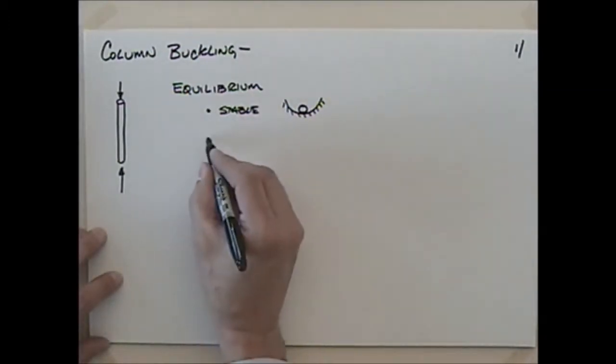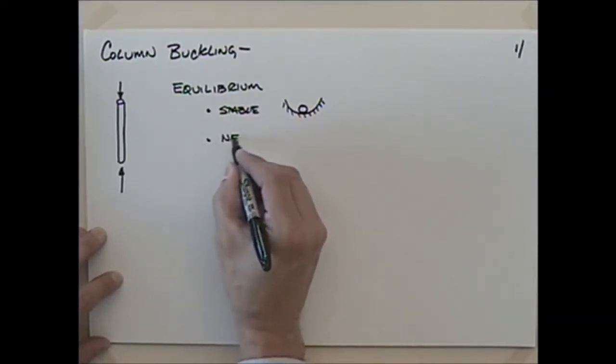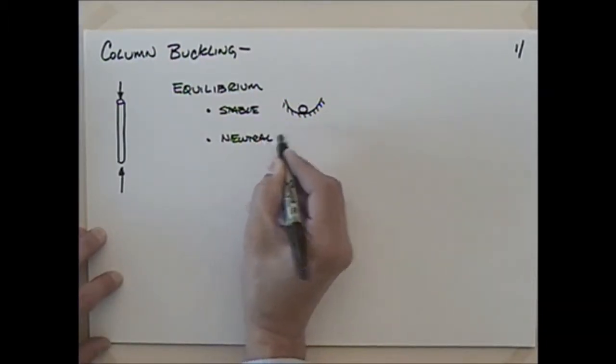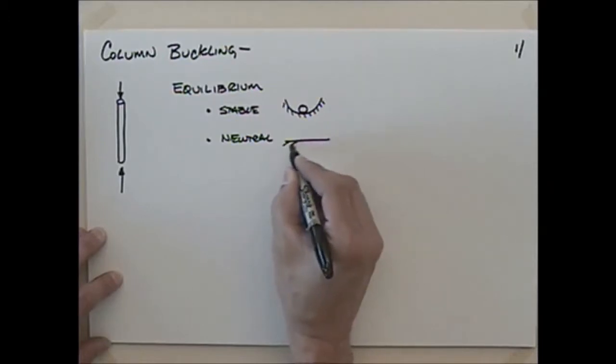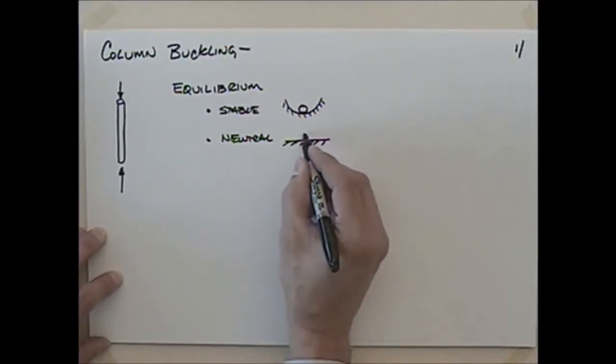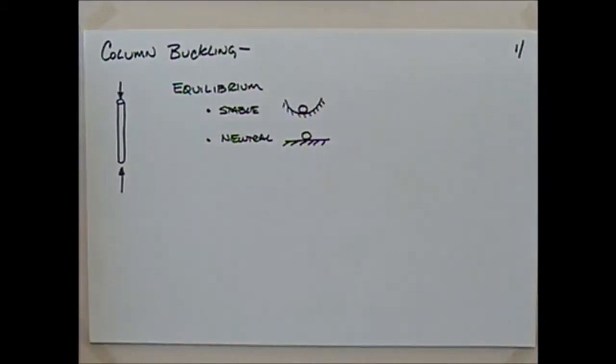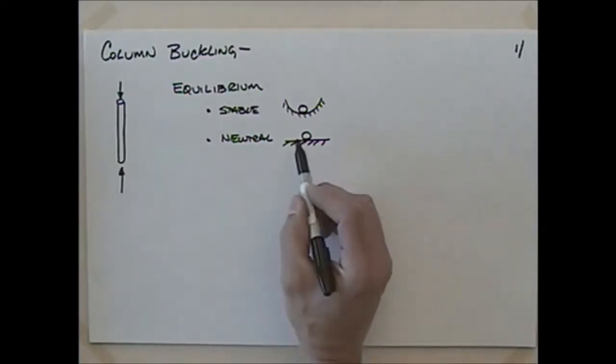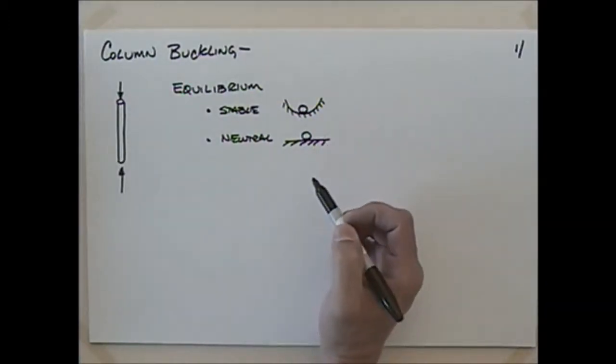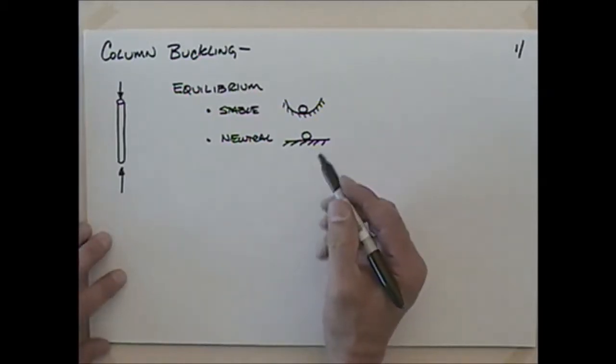Then we have neutral, where we might have the same ball, but this time sitting on a perfectly level, perfectly flat surface. If I have a small displacement, I come to a new equilibrium, but it's at a new point. So I displace it a little bit to the right, it comes and stops at the right and is at that new equilibrium.